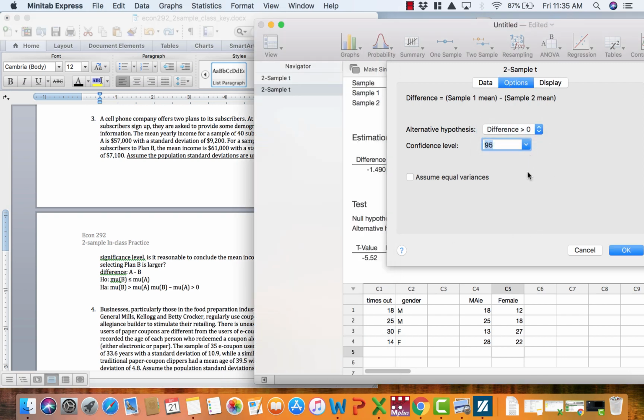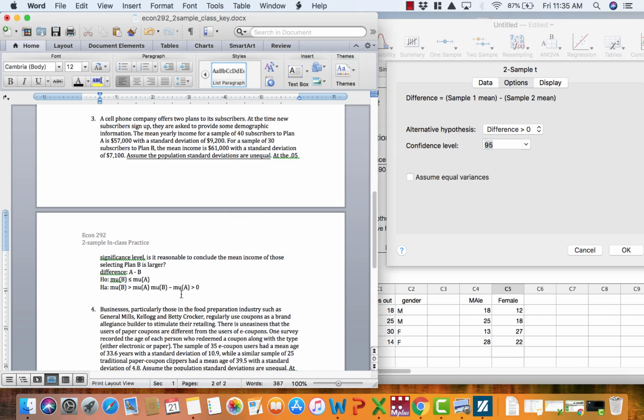That is incorrect. Minitab has defined the difference as A minus B. I need the relationship of A minus B compared to 0, not B minus A. So when I do mu A minus mu B, it flips the inequality.